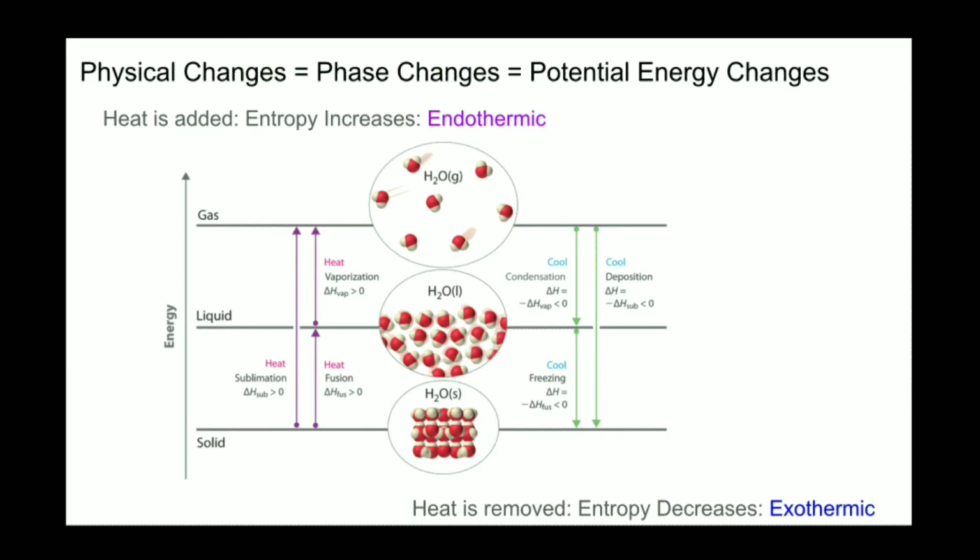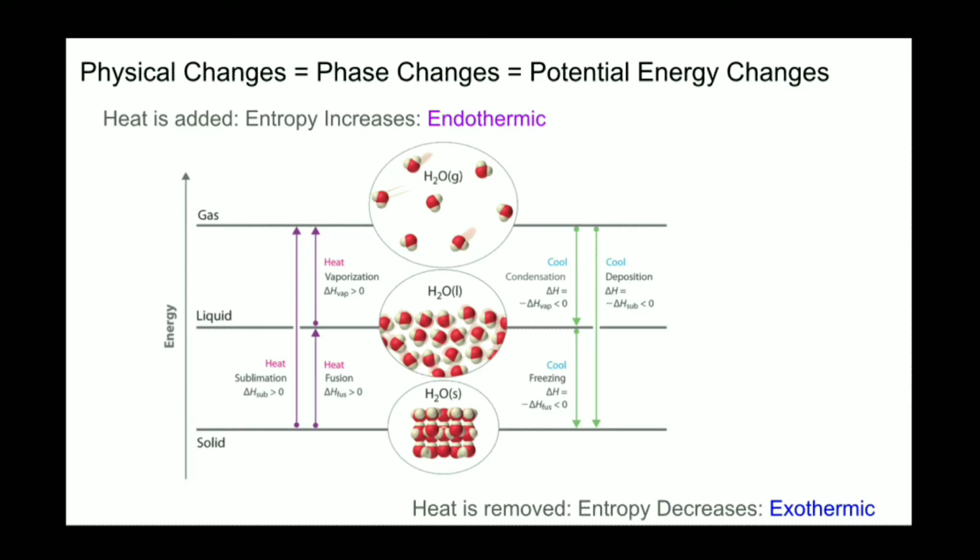It is important that you are familiar with the terminology of all 6 phase changes. Remember that in chemistry, we often call melting fusion. Also, the phase change that goes from a solid directly to a gas is called sublimation.